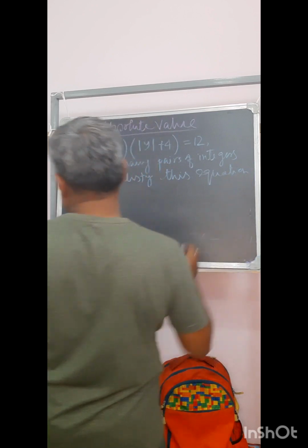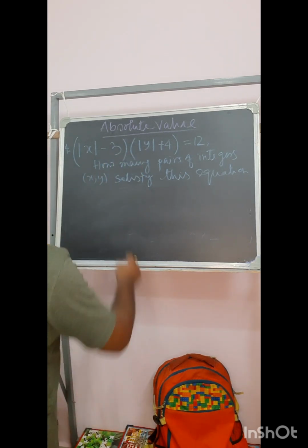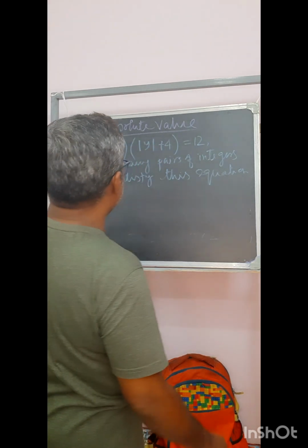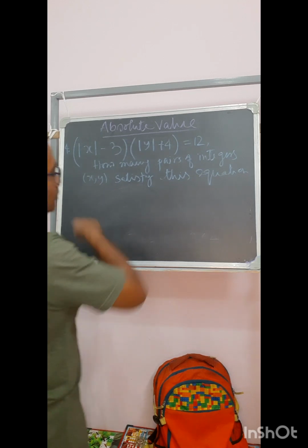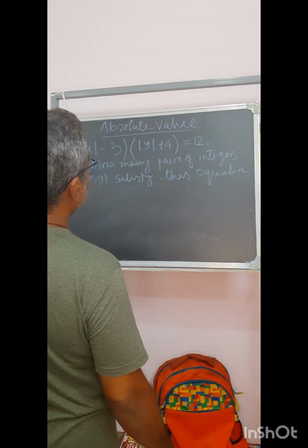Till now we have seen only one variable, but here two variables have been given. So what could be the possible solution for this equation?